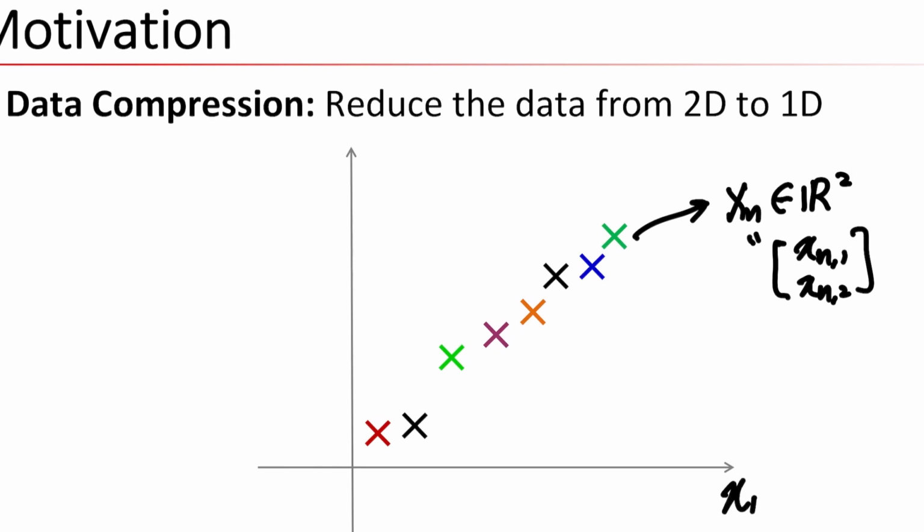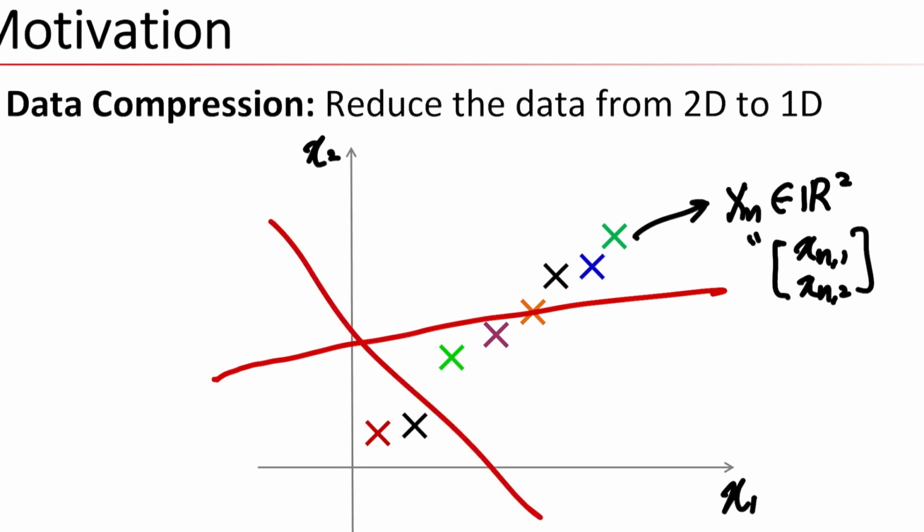Then what we want to do is to reduce the data from 2D space to 1D space. So this is a data compression problem. Then how can I find the 1D representation for each sample? We can find the mapping straight line, something like this, or something like that. Okay. Let's think about this one first.